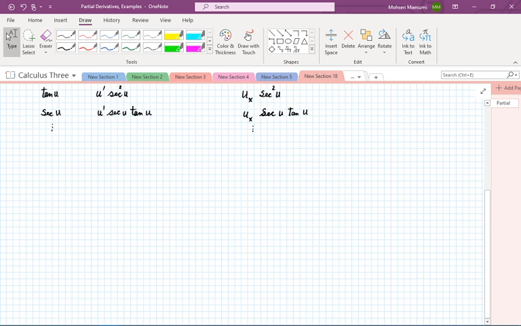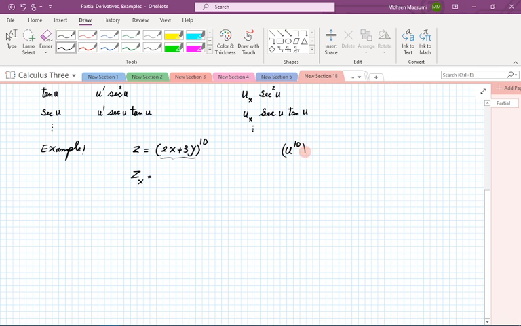So let's write example 1. Let's suppose z is equal to 2x plus 3y to the power of 10, and I want to figure out z with respect to x. So now I think about this base as an expression in terms of x and y. So this is u to the power of 10.